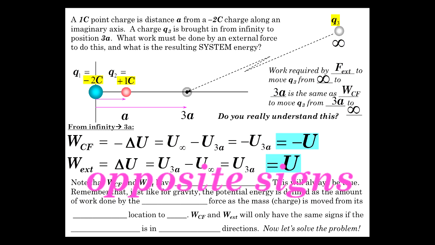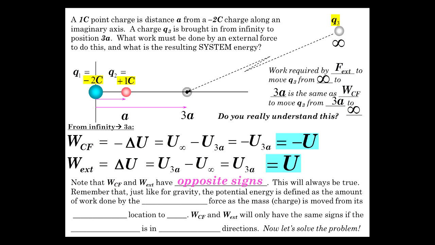The work done by the conservative force and the external work have opposite signs. That'll always be true. Just like for gravity, we define the potential energy as the amount of work done by the conservative force as the mass, or in this case the charge, is moved from the current place to infinity.